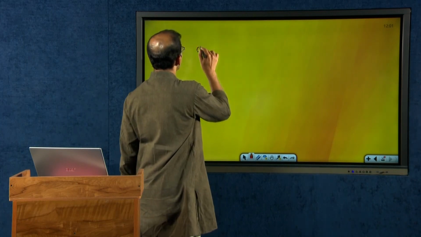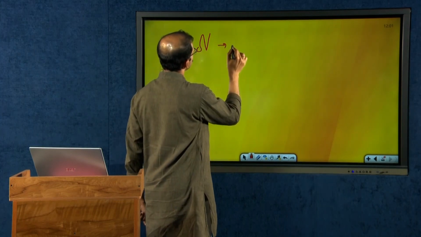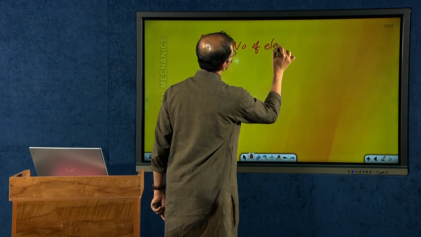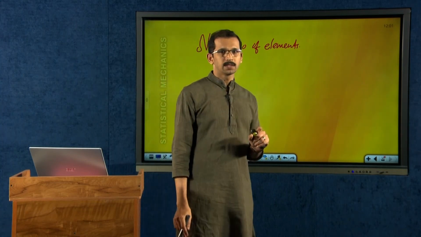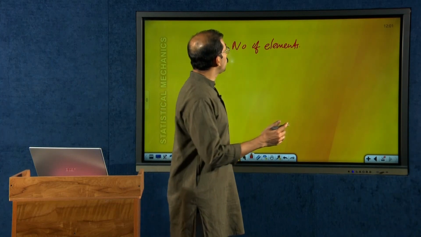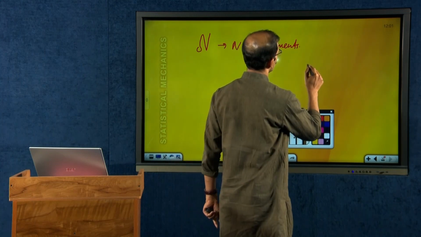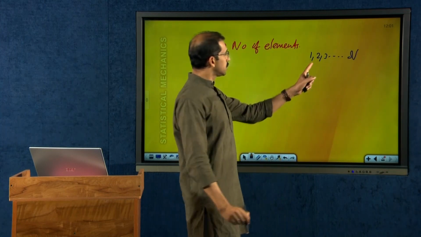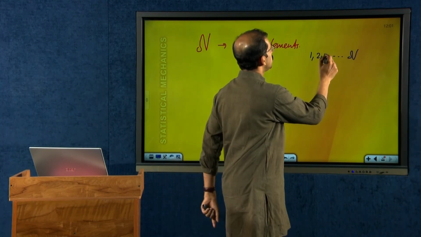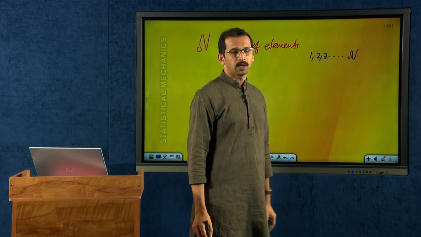So in this system, say we have script N number of elements, numbered 1, 2, 3 up to script N. These are the identification numbers of the elements.